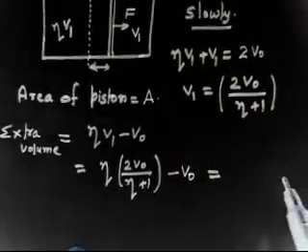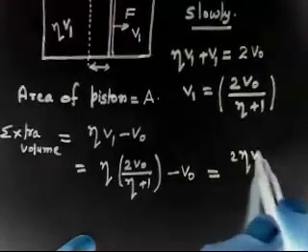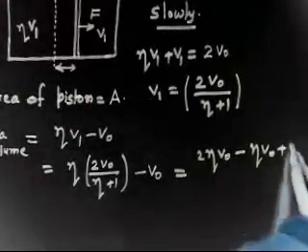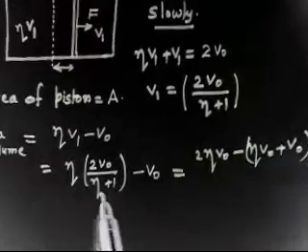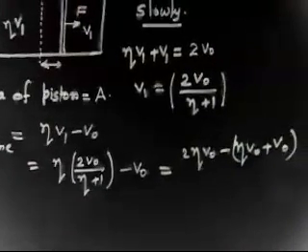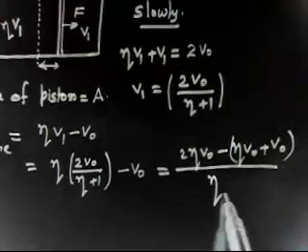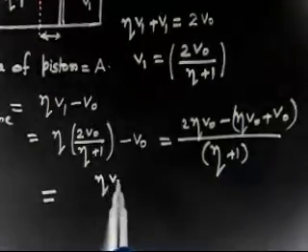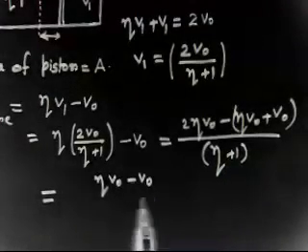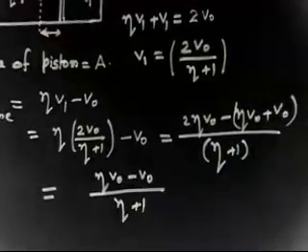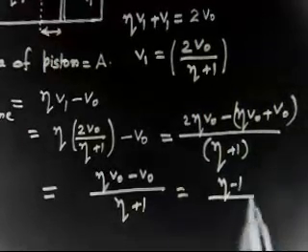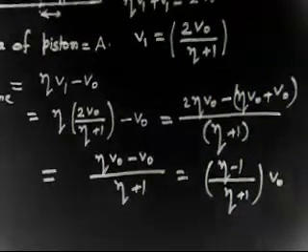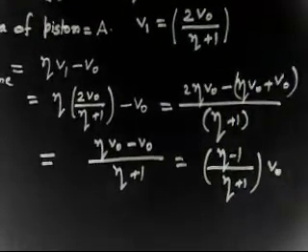So I can take 2 eta V0 minus eta V0 plus V0, multiplied by eta plus 1 and divided by eta plus 1. This comes out to be eta V0 minus V0 divided by eta plus 1. So we will have eta minus 1 divided by eta plus 1 into V0. Are you getting? This is the value of the extra volume.